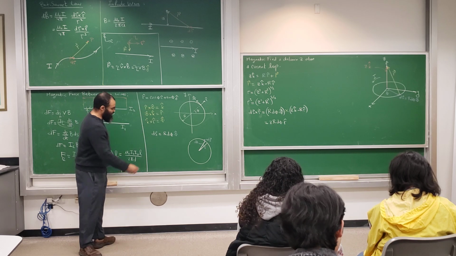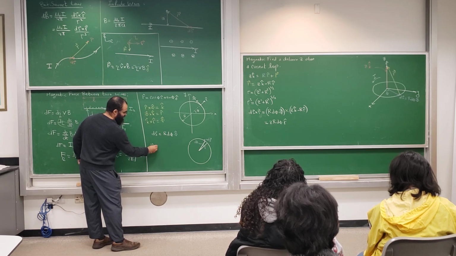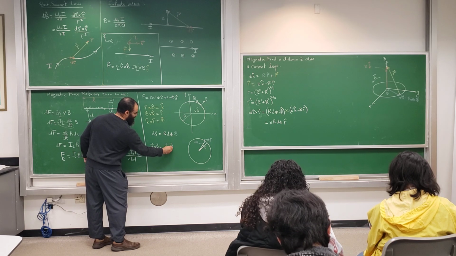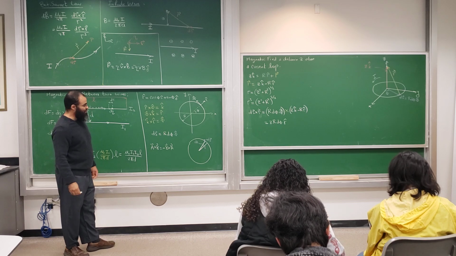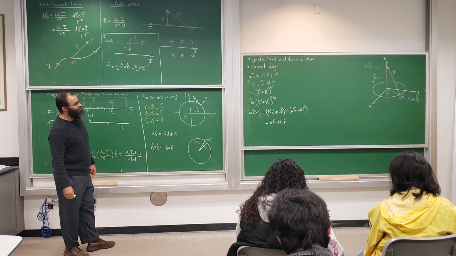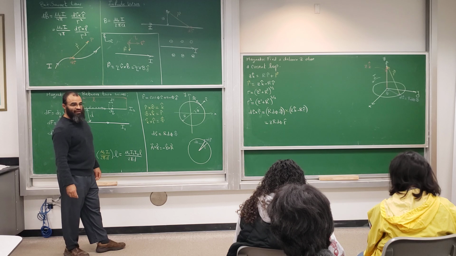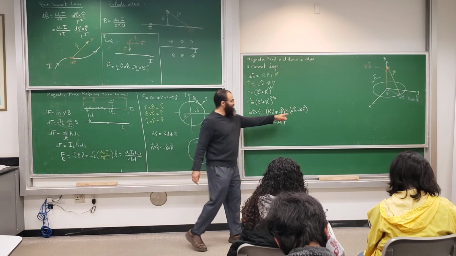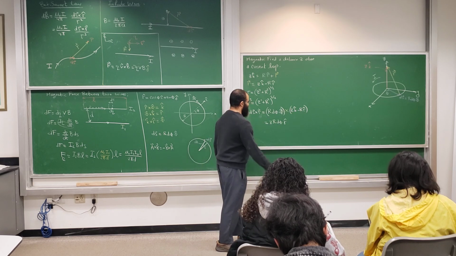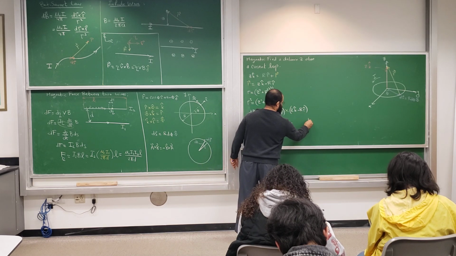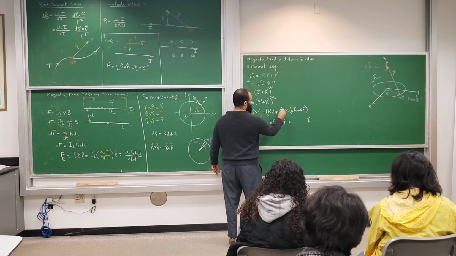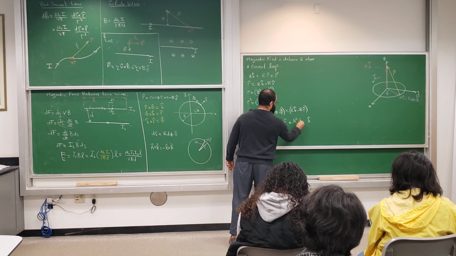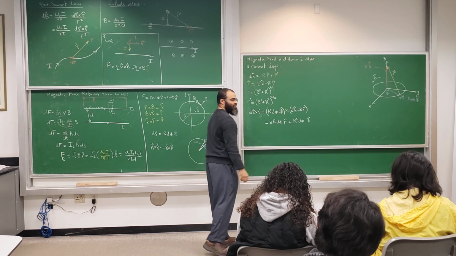Remember the identity A cross B is equal to minus B cross A. So what is phi hat cross r hat? Negative k hat. But I have a minus sign, so what does it become? Positive k hat. So plus k hat. And now let's multiply R, that's R squared d phi. That's this cross product.